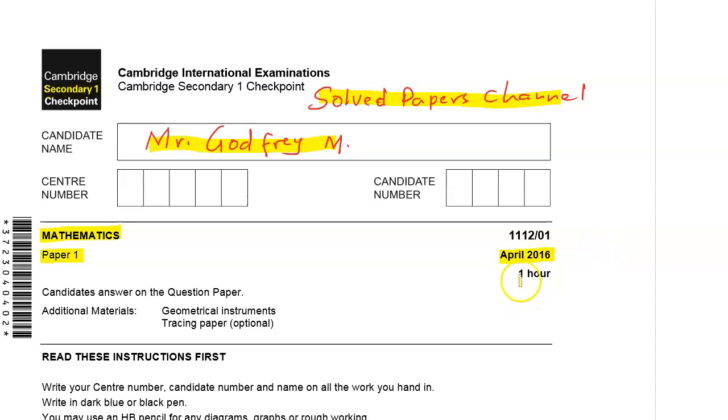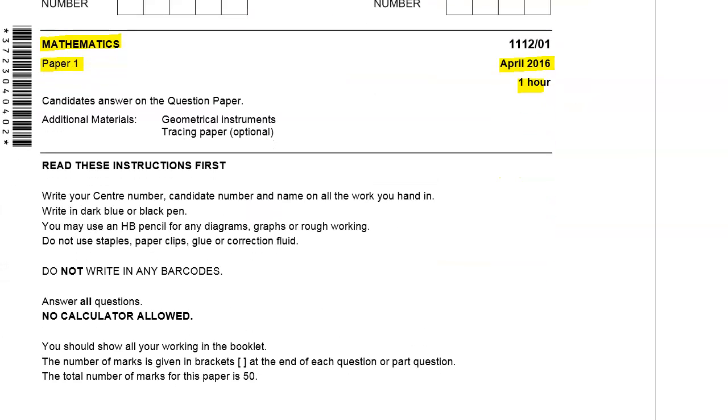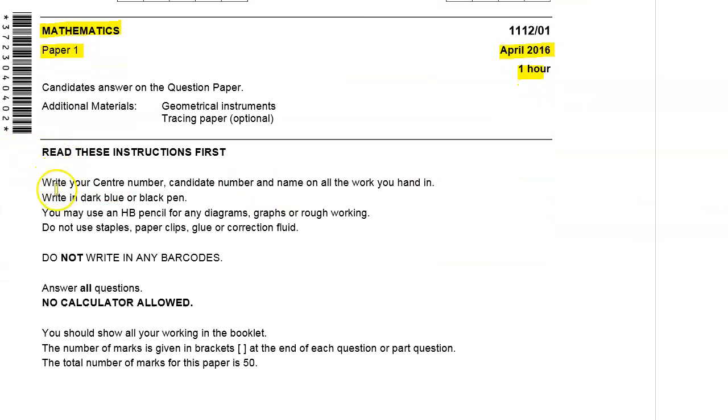Of course, the paper's duration is 1 hour, and every time you get to do a paper in an examination setup, always read the instructions first. In this paper, you are not required to have a calculator. You only need a geometrical instrument and a trace paper, that's all. And the paper is usually 50 marks.